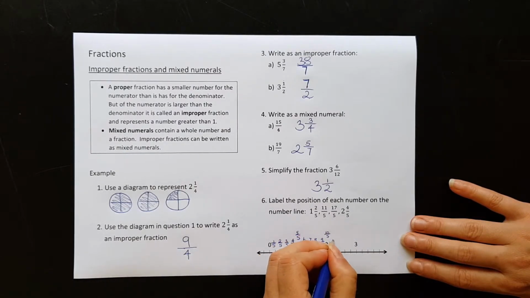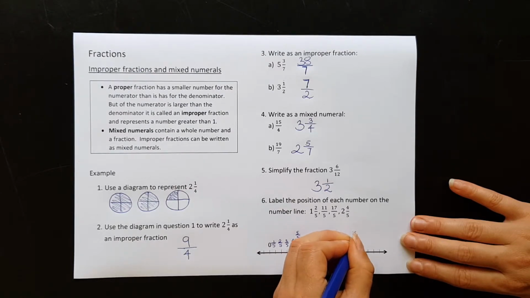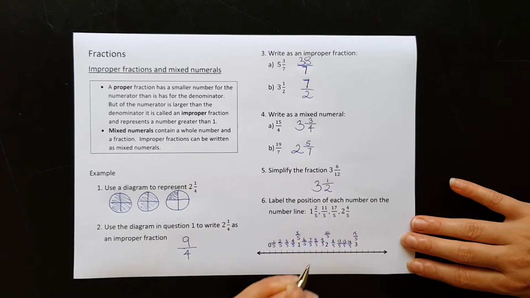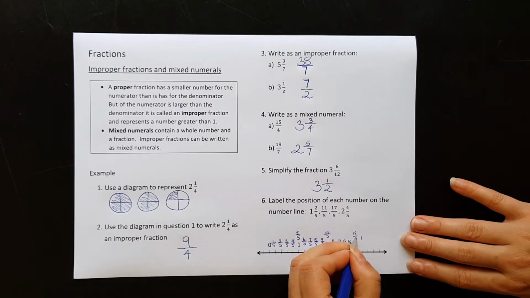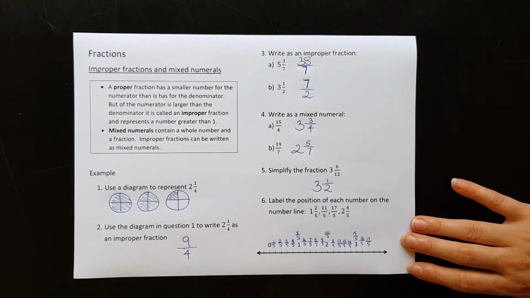Keep going. 11/5, 12/5, 13/5, 14/5, 15/5. We need to keep going. 16/5, 17/5, and I think we've finally done enough.